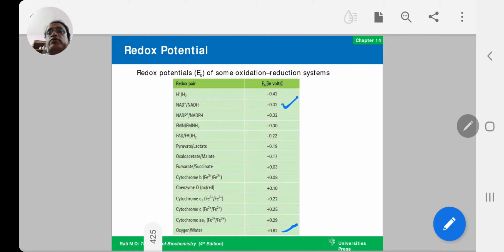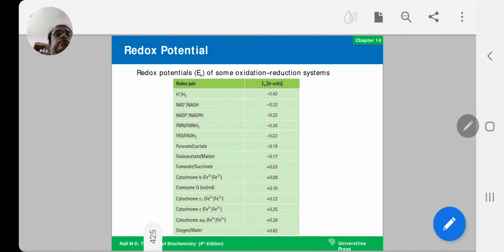Electrons flow from a redox pair with a more negative potential to another redox couple with a more positive potential. The redox potentials of some biologically important redox systems are given in the diagram. More negative: hydrogen, NAD plus, NADH, NADP, FMN, FAD, pyruvate, lactate, oxaloacetate, malate, succinate, fumarate, cytochrome, and ultimately oxygen.